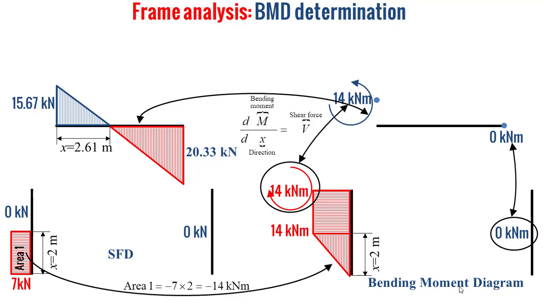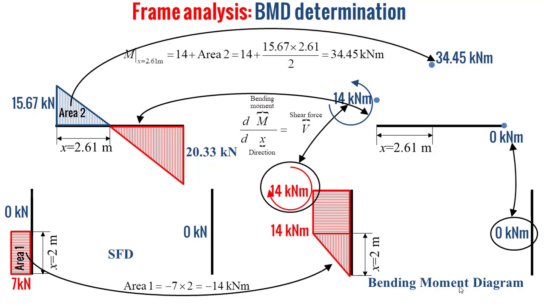And as I said, since the bending moment is the integral of the shear force, the maximum bending moment can be determined based on the area 2 of the shear force variation, and it will give finally 34.45 kilonewton meter applied at the distance x equal to 2.61 meter, which is the point where the shear force is zero. When the shear force is zero, the bending moment is maximum.